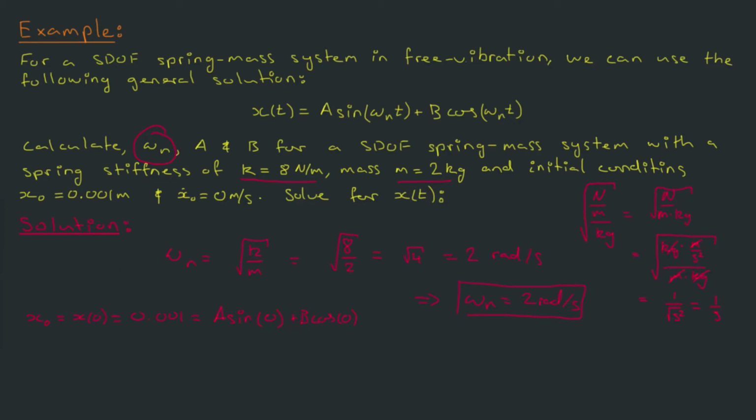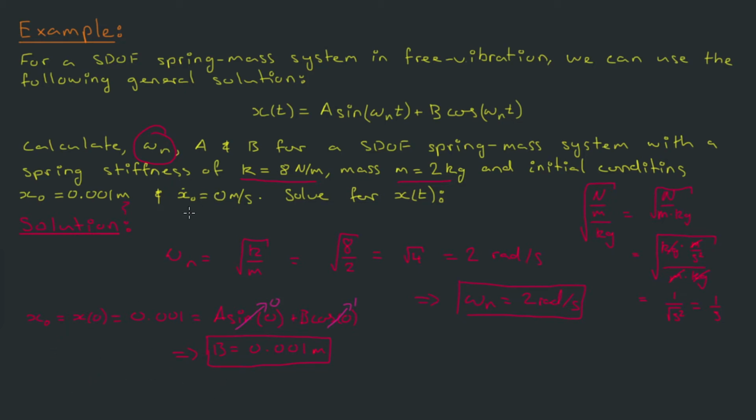So we can see that sine of 0 goes to 0 and cos of 0 goes to 1. So then we can see that B is equal to 0.001, and we're given this in meters, 0.001 meters. So there we have B. That's our first constant found.